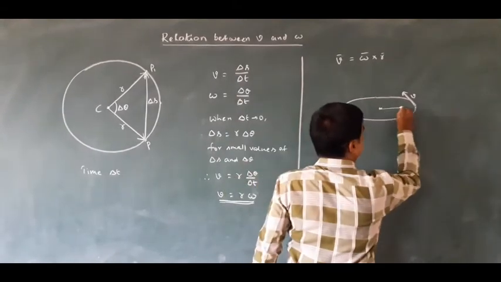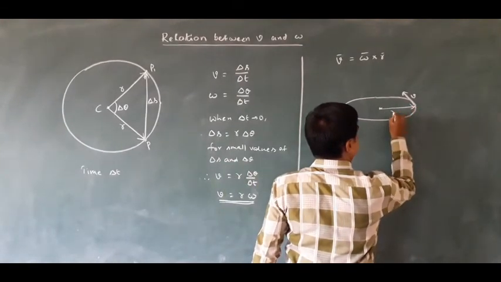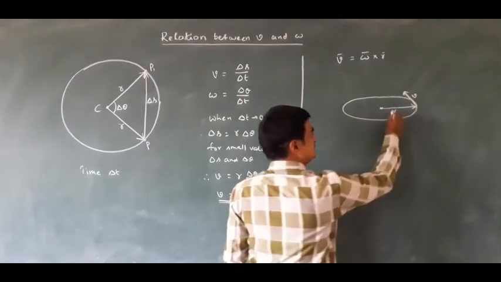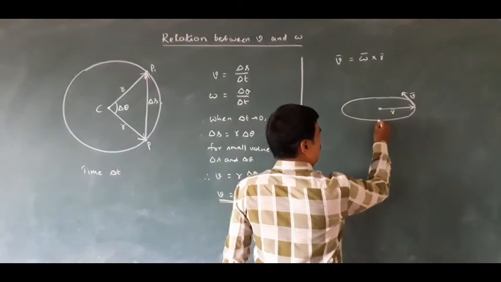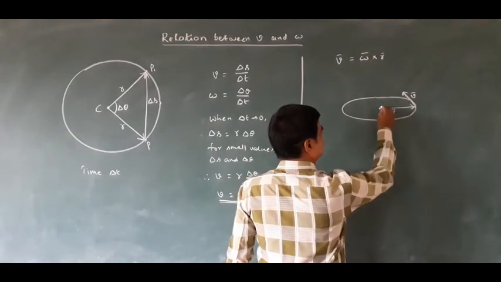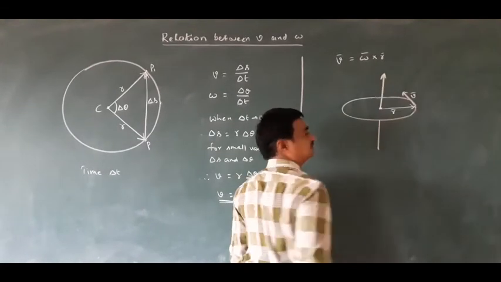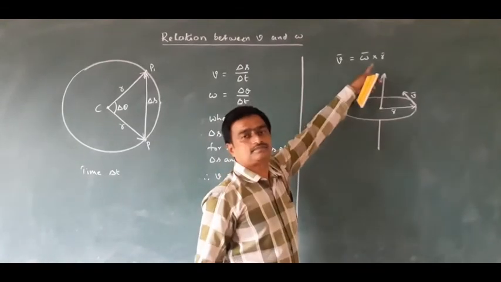This is the radius. This is a vector. Then, how to consider the direction for omega?